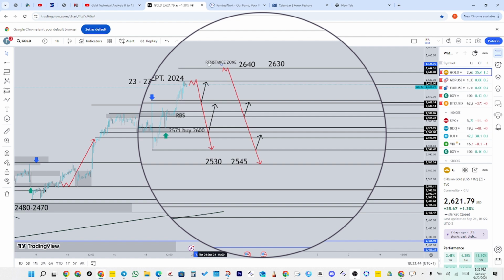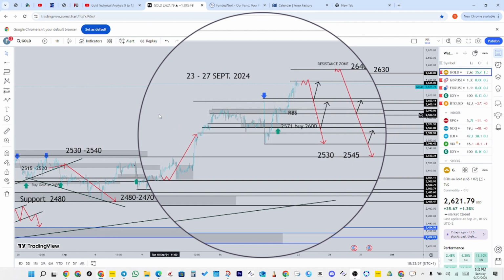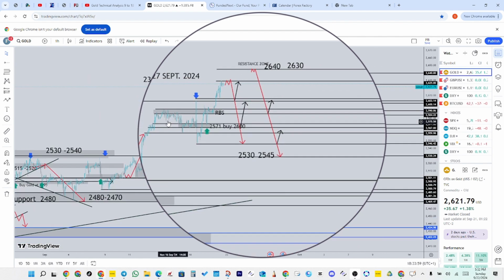So this is the resistance zone, and this is the support area. I think this one we have already enjoyed, which is buy from where I indicated it somewhere. Have I deleted it? So I wrote if the market breaks above 2,571, buy to 2,600, and it happens.